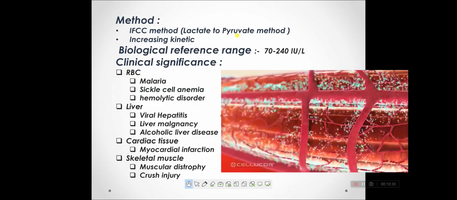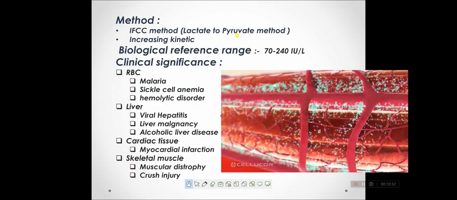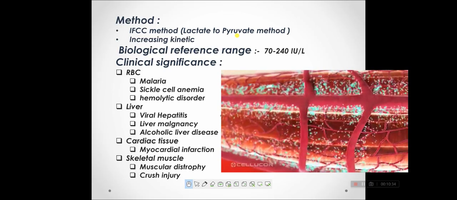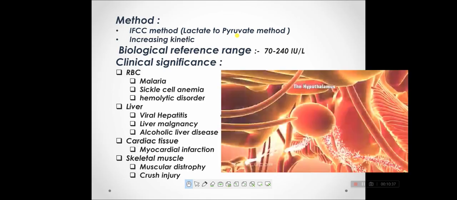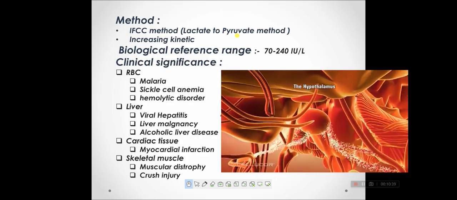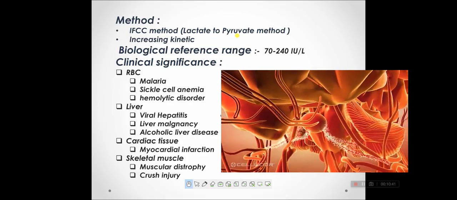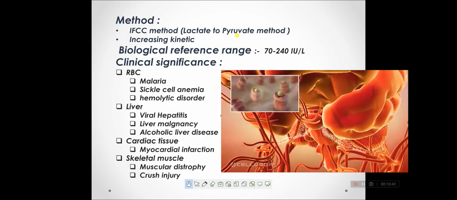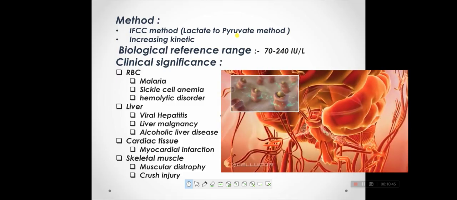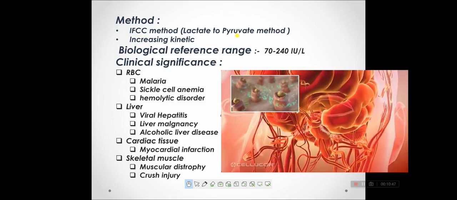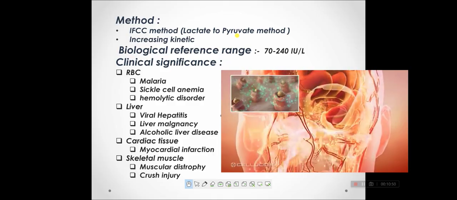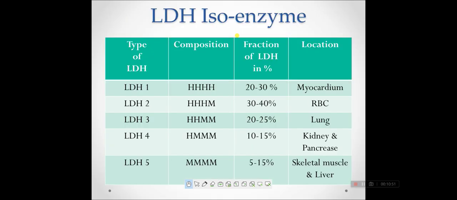If the level of LDH rises above this, then it may be suggestive of a prognostic tumor marker, or in case of RBCs it may be suggestive of malaria or sickle cell anemia. In case of liver it may be suggestive of viral hepatitis. In case of cardiac tissue it may be indicative of myocardial infarction, right?